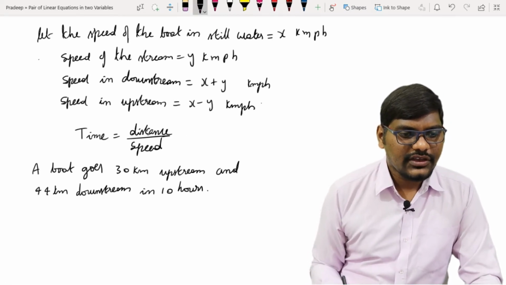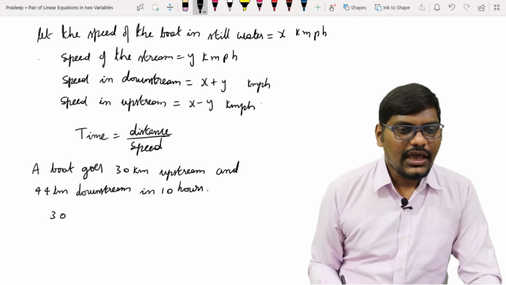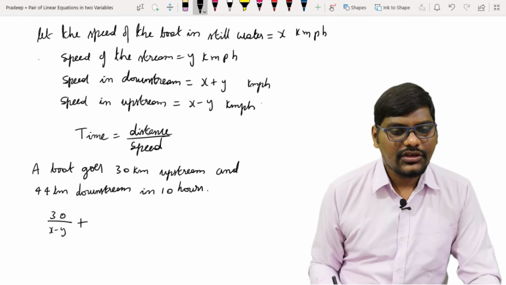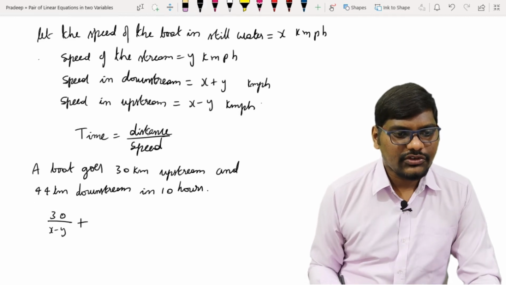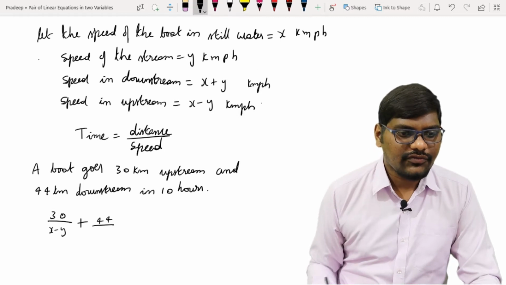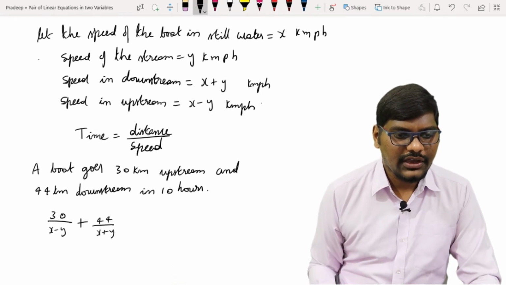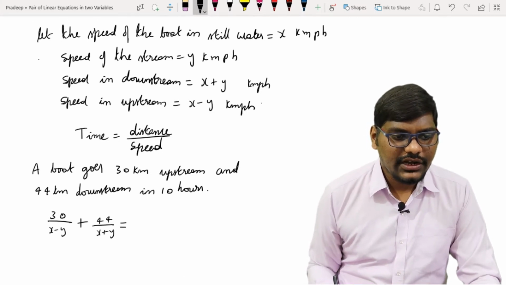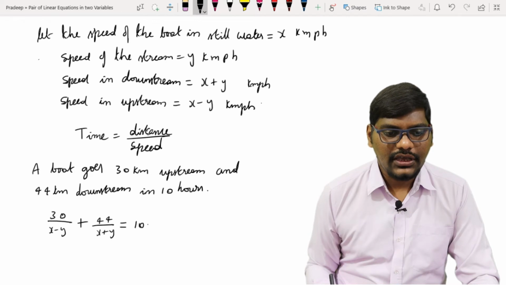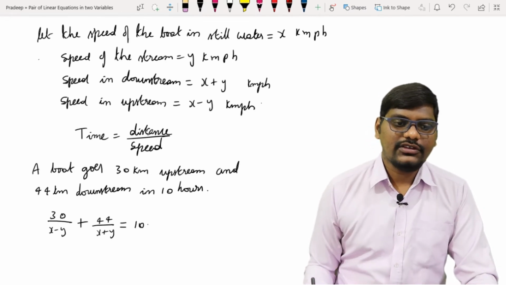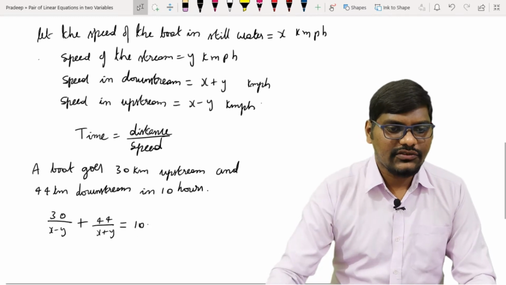The distance is 30 km, and upstream speed is x minus y, plus 44 downstream, so 44 by x plus y. How much time was taken? It has taken 10 hours, so I can write 10. This is the equation we got with the first situation.